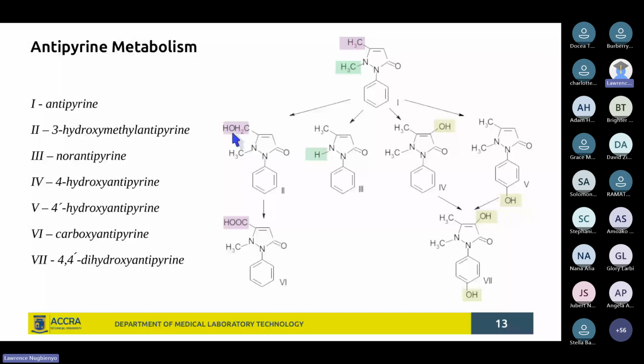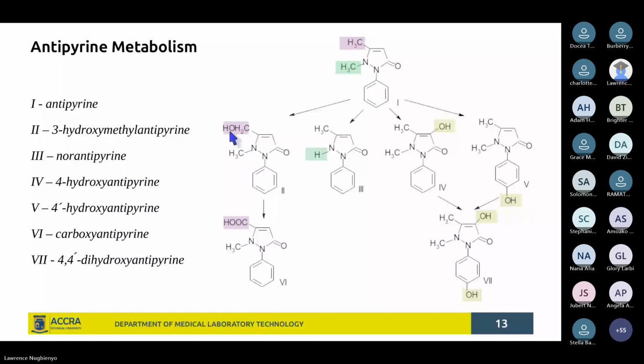So it's oxidation, but specifically you can say it is hydroxylation. Of course, that compound, number 2, look at the name at the side: 3-hydroxymethyl antipyrine. So clearly, it's a hydroxyl group that has been attached there.